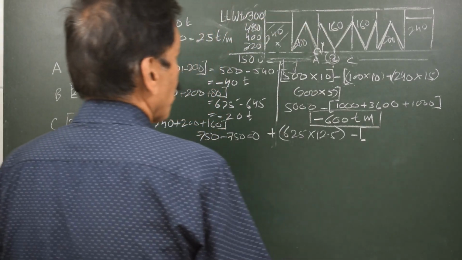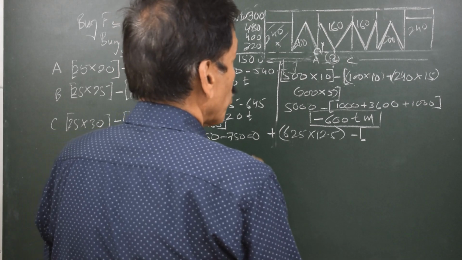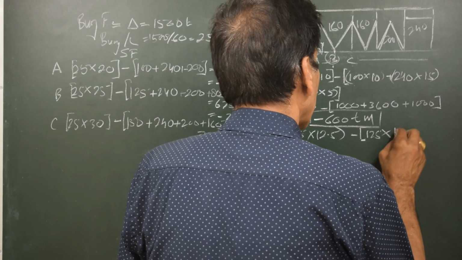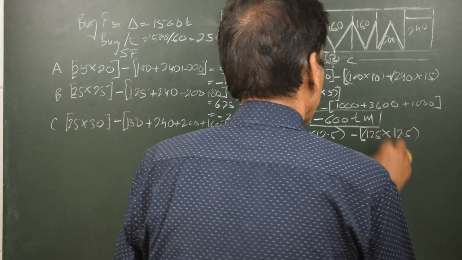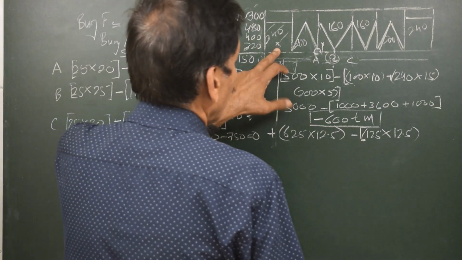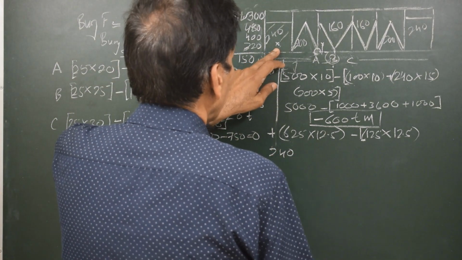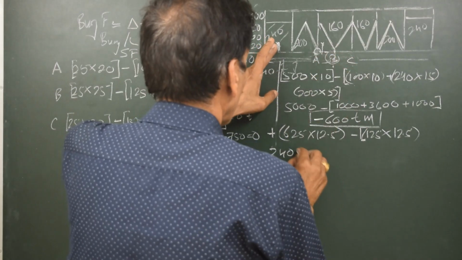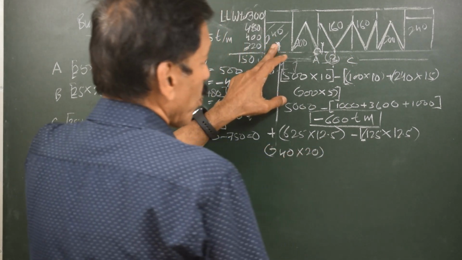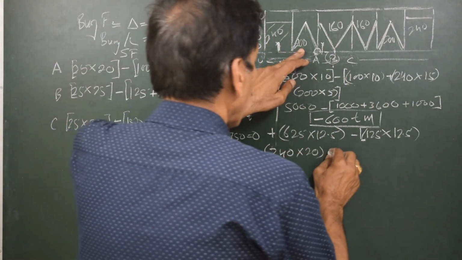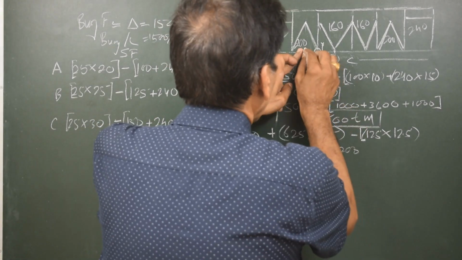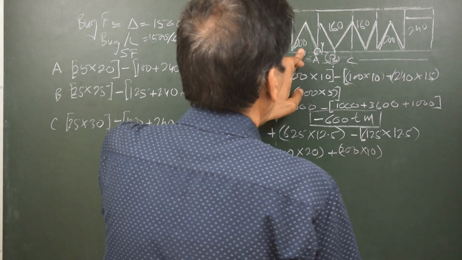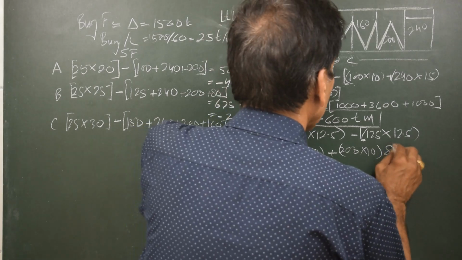This is clockwise moment. Now if we total up the negative moments, first of all, it will be caused because of light ship. So for 25 meters, the light ship is 25 into 5, 125, and once again it is going to act at a distance of 12.5 meters. In addition to that, we have 240 tons here, which is going to act at a distance of 20 meters from the point under consideration. Then comes 200 tons, and the distance is going to be once again 10 meters, and then it is going to be 80 tons.